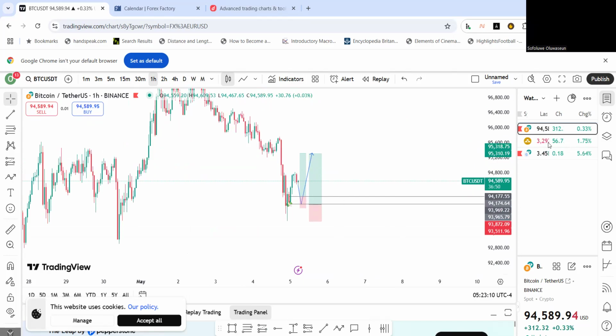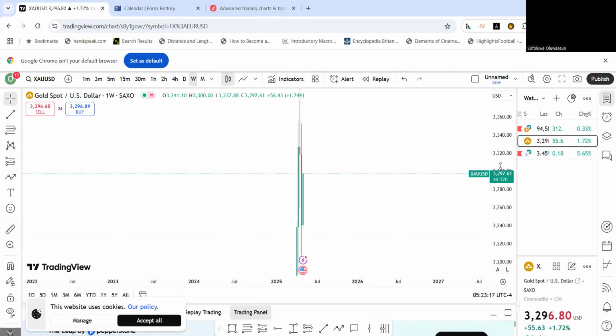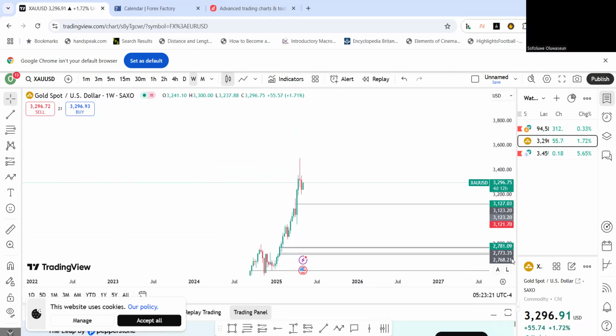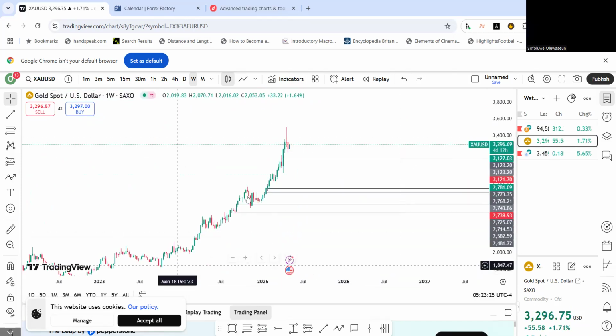Okay, let's go to gold. So we can see the weekly candle of gold. Gold has been so bullish. You can see a series of highs, lows, higher highs, higher lows, higher highs, higher lows, higher highs.